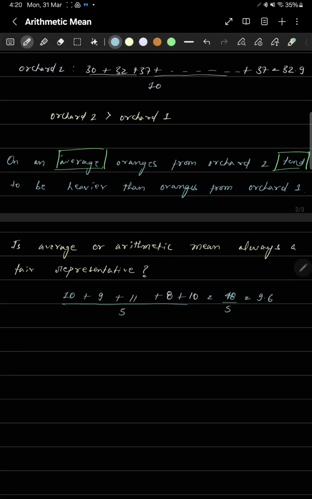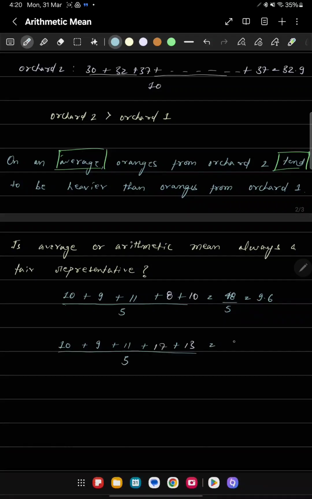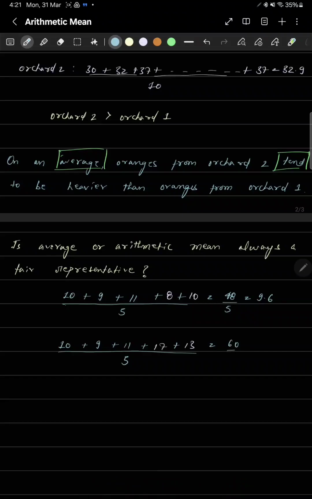So 9.6 is the average of these numbers. Let's take another set, but this time we keep 3 numbers same and we change the last 2 numbers. Last 2 numbers are 17 and 13. 5 numbers again, so this would give us 60 by 5, so it's 12.